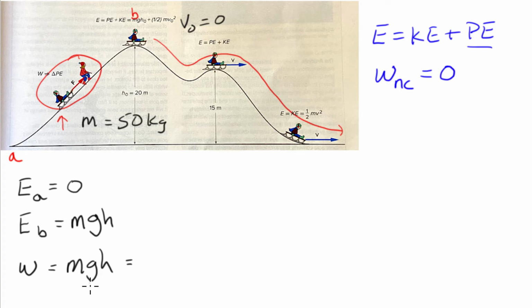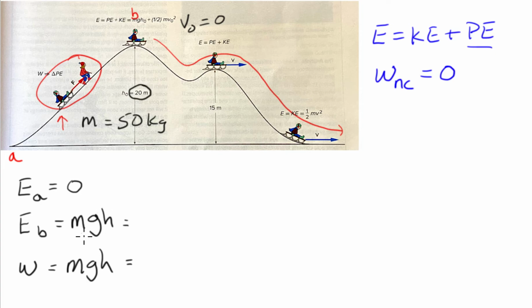So what do you get if you calculate the energy at B here? You're going to do 50 kilograms times g, which is 10 meters per second squared, times h, 20 meters.